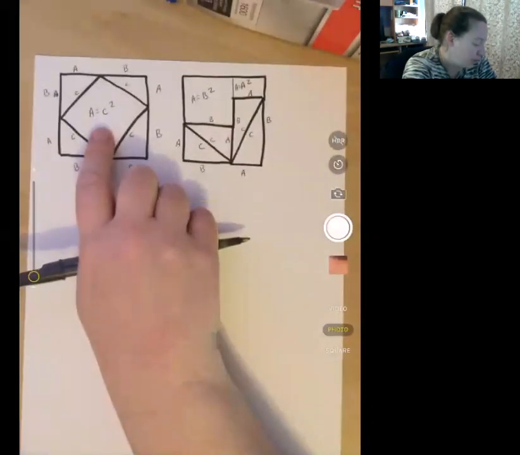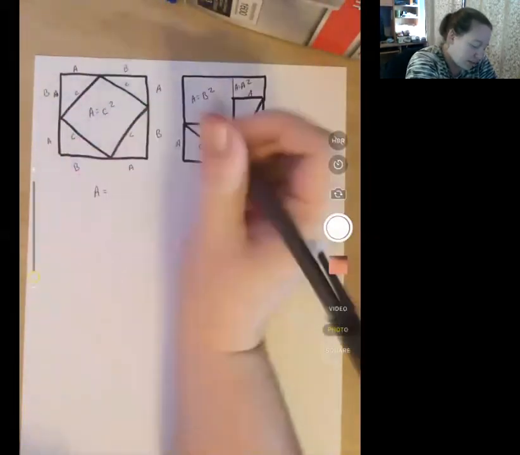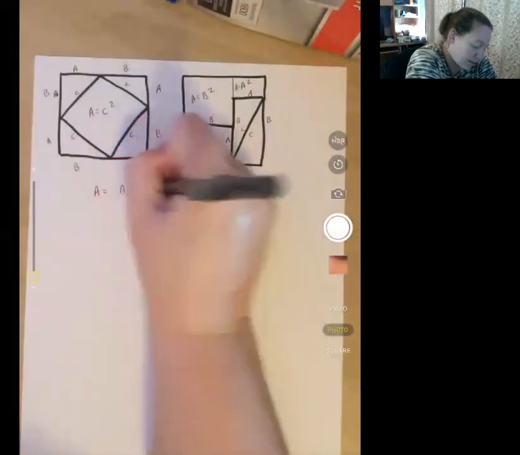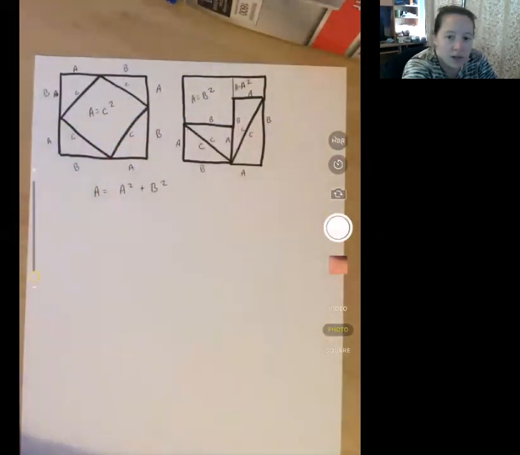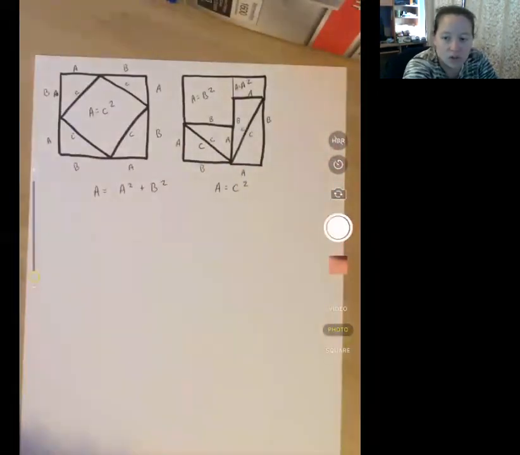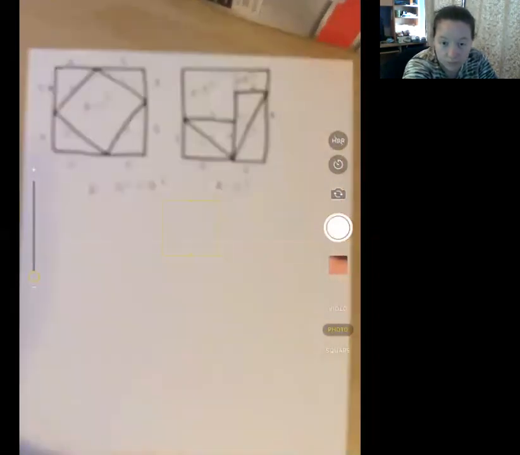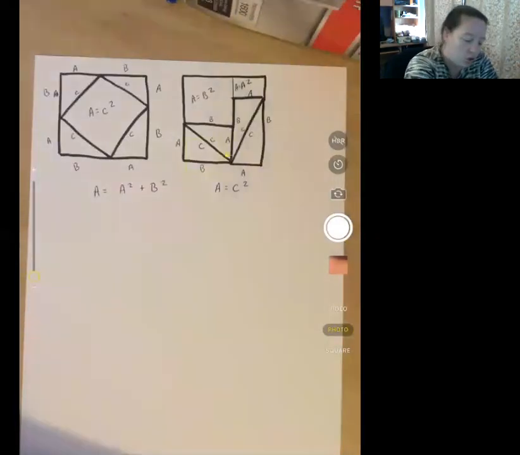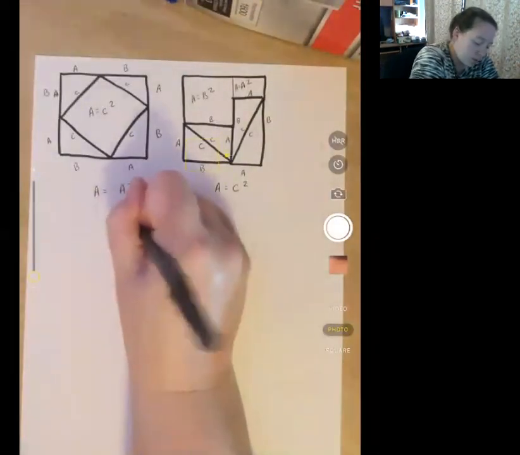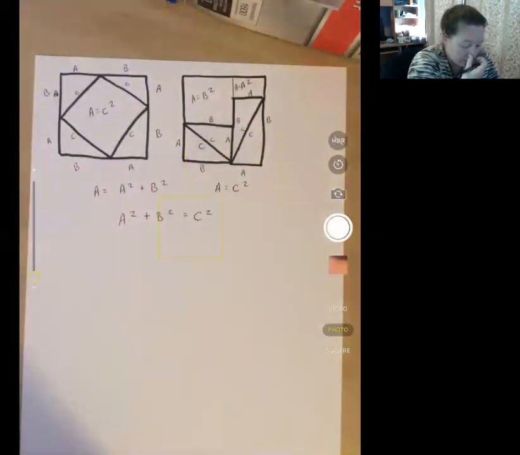So what is the total area of the unshaded regions? Area is equal to A squared plus B squared. But over here, we already decided that the area was equal to C squared. And so we can substitute the area of one in for the area of the other, which gives us A squared plus B squared is equal to C squared.